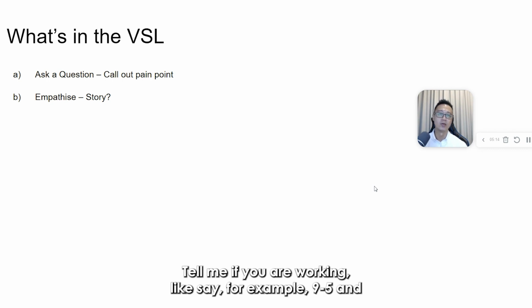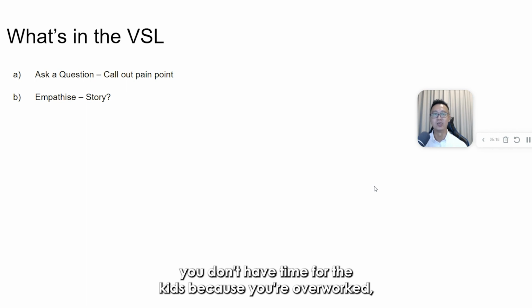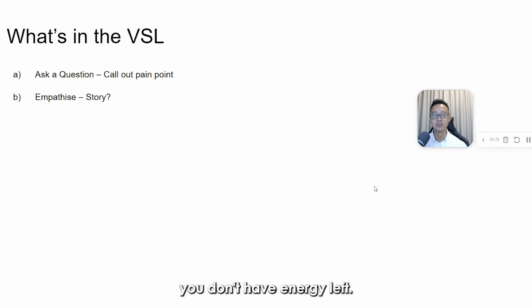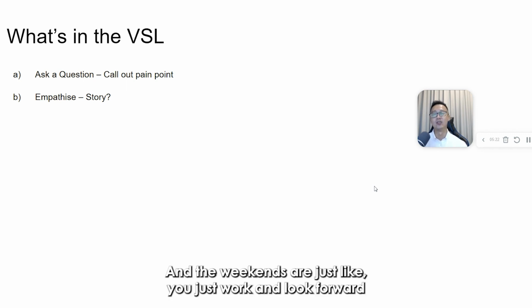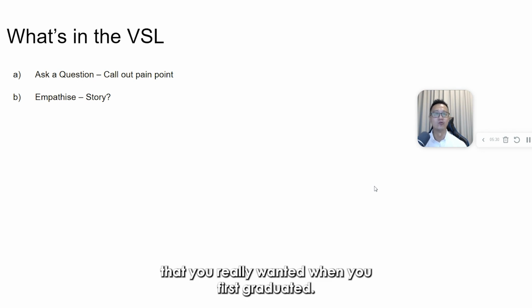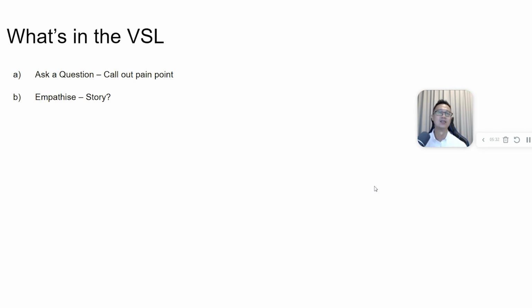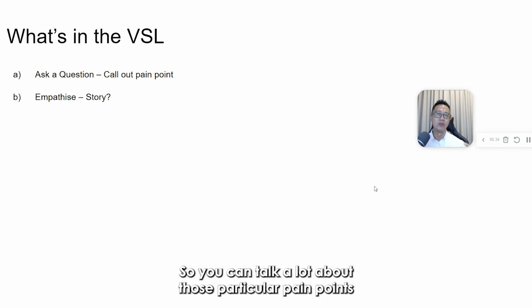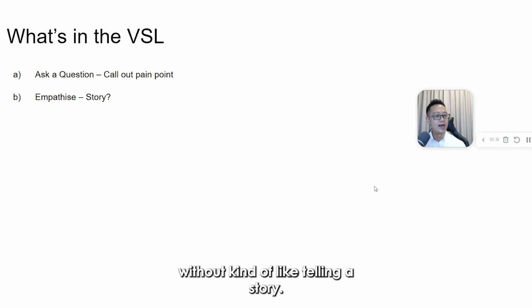Tell me if you are working a 9 to 5 and you don't have time for the kids because you're overworked, so you don't have energy left, and the weekends are just you working and looking forward to the weekends, and you realize this is not the kind of life that you wanted when you first graduated. So you can talk a lot about those particular pain points without telling a story.